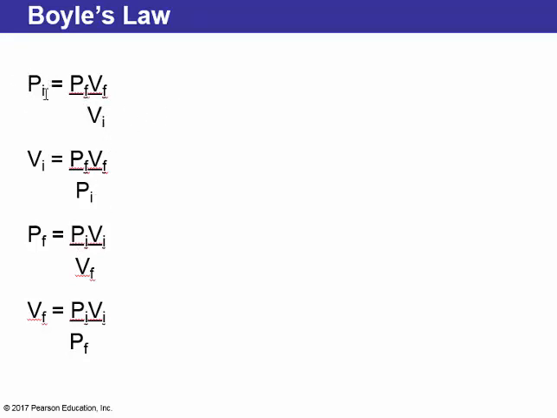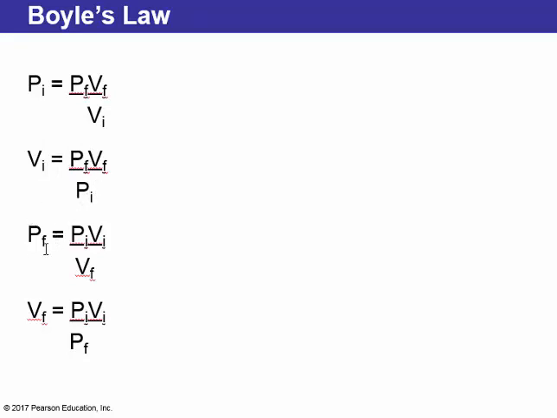So if you're solving for an initial pressure, you must be given a final pressure, a final volume, an initial volume. And so it'll be important for you to identify volume and pressure units. If you're solving for an initial volume, you must be given the final pressure, the final volume, and the initial pressure.